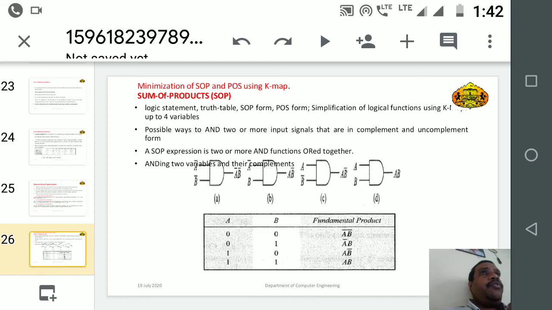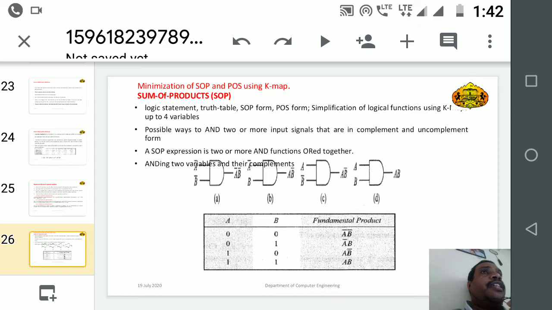In this slide we will see minimization of SOP and POS using K-map. SOP is sum of products, and POS is product of sums. Here we see how to minimize an SOP or POS expression using the K-map method.